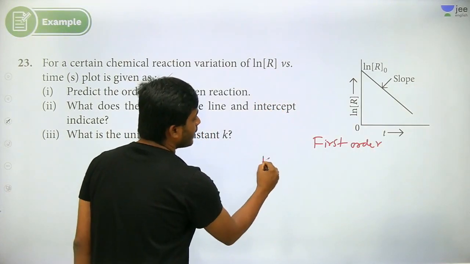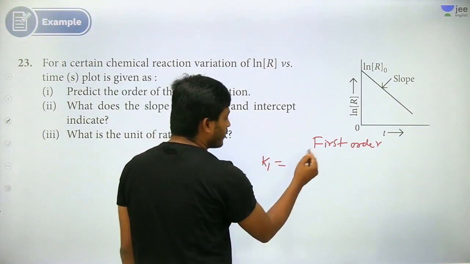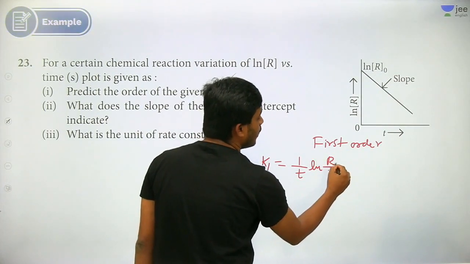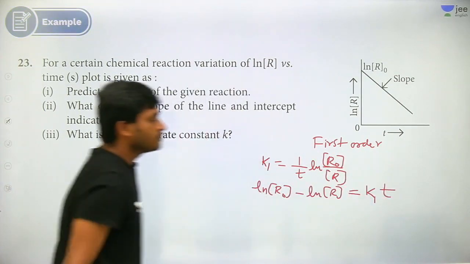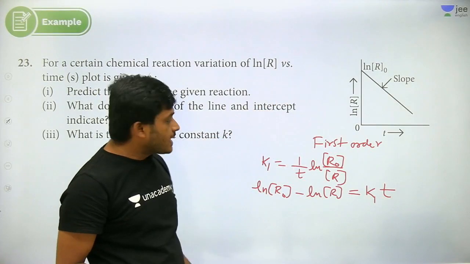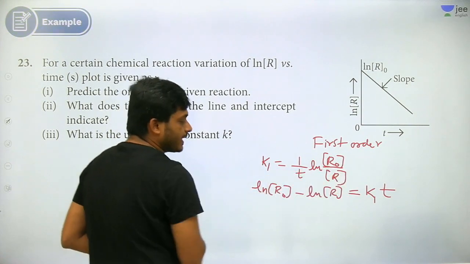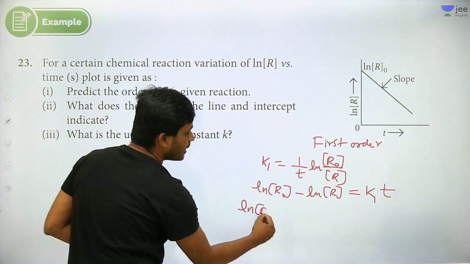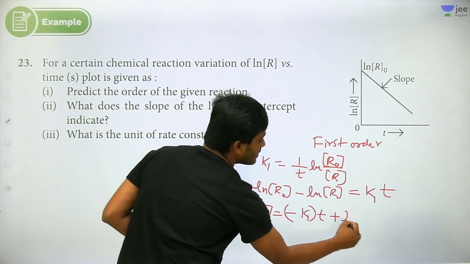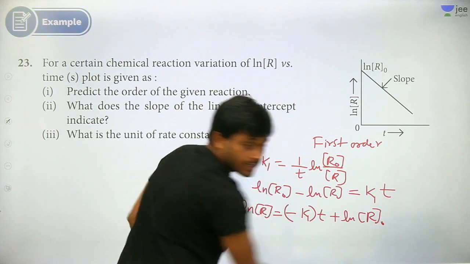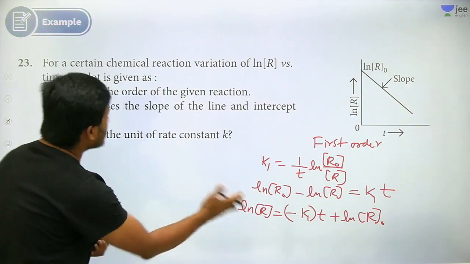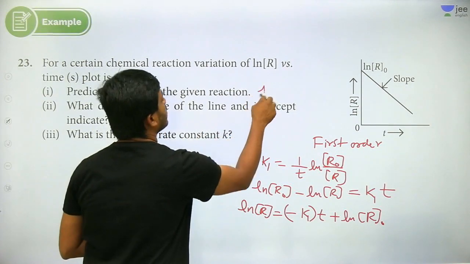See here, k equals 1 by t ln R naught by R. So it is plotted logarithm of concentration versus t. Bring t this side: ln R equals minus k t plus ln initial concentration. What is the slope they are asking? Predict the order: this is first order.